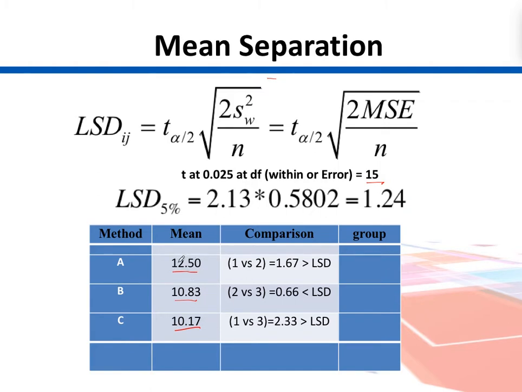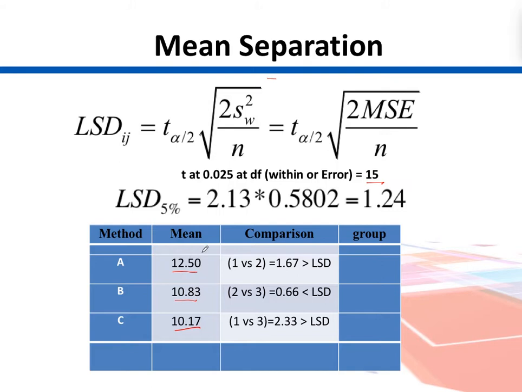Coincidentally here they are in the same order as the treatments A, B, C, but that may not be true all the time. It might be possible that you see C here and then B and then A, and that depends upon the magnitude of their means.